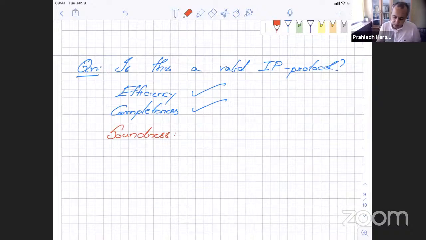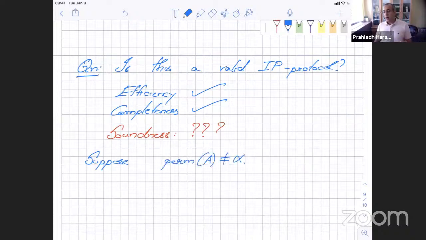That is, suppose this is the no case: perm A is actually not equal to alpha. Does there exist a cheating prover that can convince the verifier? Does every cheating prover convince the verifier only with probability bounded away from 1? Or is there a cheating prover that can convince the verifier with very good probability, possibly even 1?